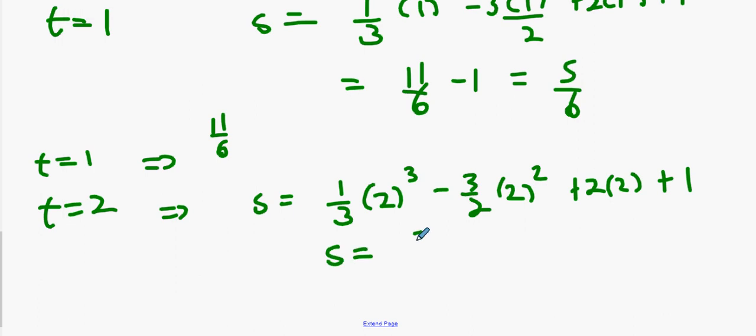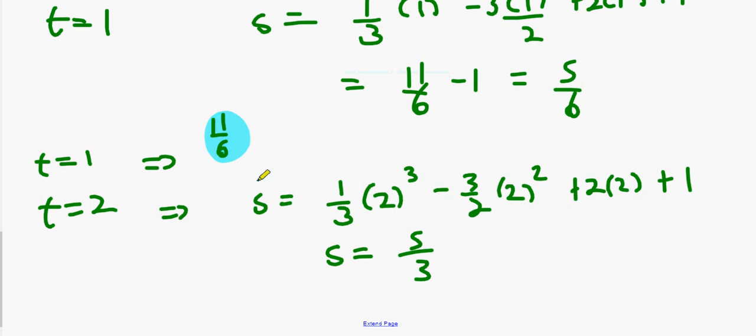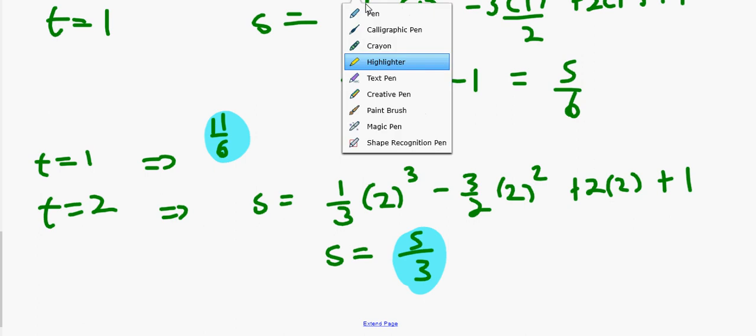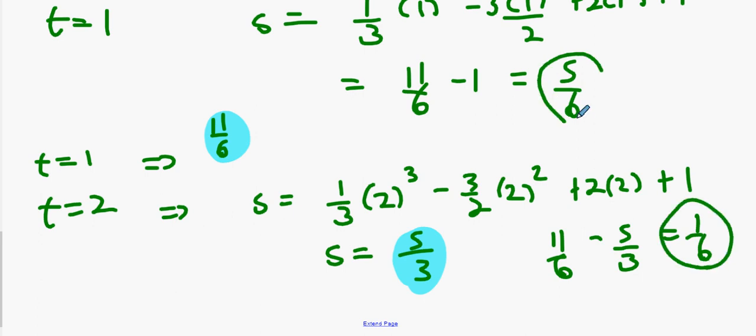So, at the start of t equals 1, you were 11/6 away from the point O, and then at the end of t equals 2, you're 5/3 away from it, which means you actually moved closer to that point, didn't you? So you take the two of them away from each other, and we got 1/6. So it's 11 over 6 minus 5/3, which is 1/6. Total distance travelled is the two of these added together. 5/6 plus 1/6, and that equals 1 meter. We alright with that, guys? Alright. What question is this again?